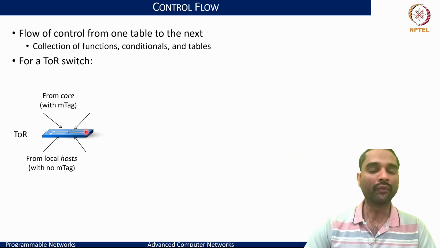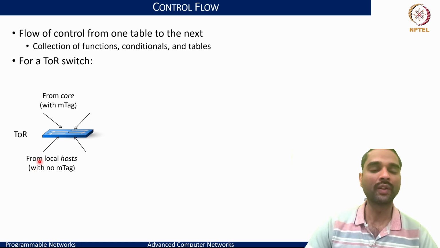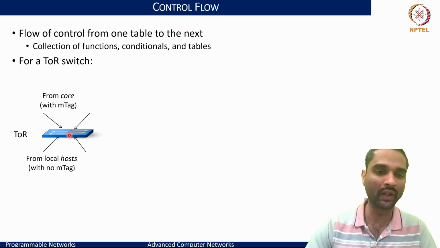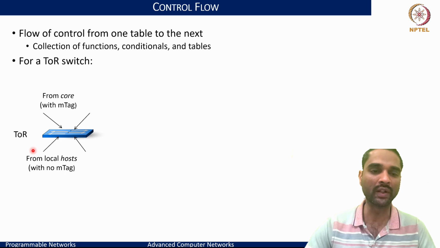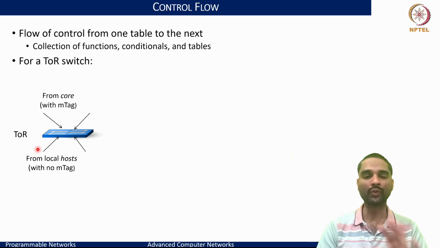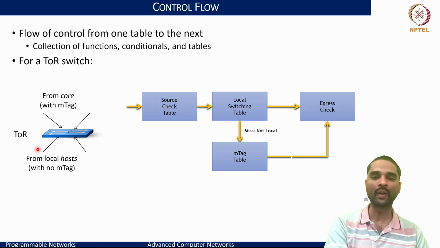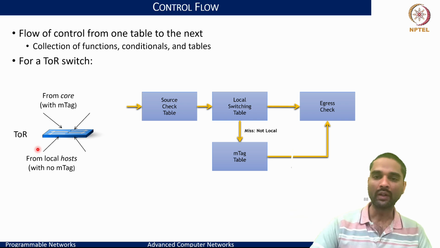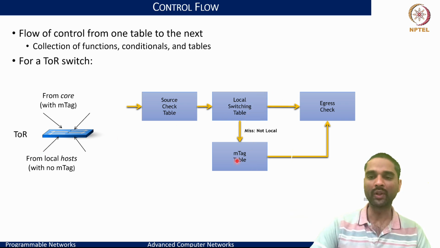But if the packets are coming towards the host, then they would be coming with the M tag, and when there is an M tag, you take it out and then send it to the destination correspondingly. So these are the two different combinations that we are looking at. First we would do the source check table and then take the local switching table, and then on the miss do the M tag table and then process accordingly.